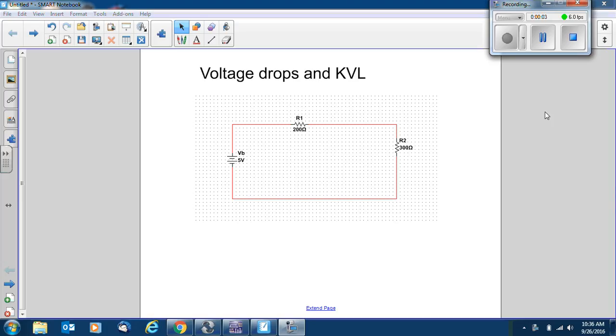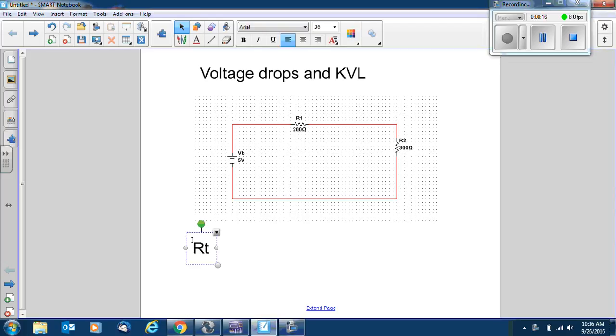Hello all, I want to show you in this video how to calculate voltage drops and R total and the current in problems like this. So this is what we need. We need R total, I need current, and I need V of R1, and I need V of R2.